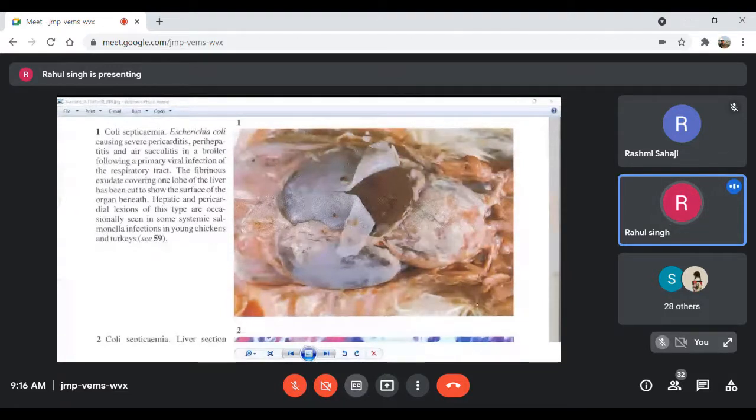And there is formation of pseudo membrane over the liver, and that pseudo membrane they have cut open. That is showing. So this is a case of colibacillosis, typically a colisepticemia case, isn't it? Any doubt till now?